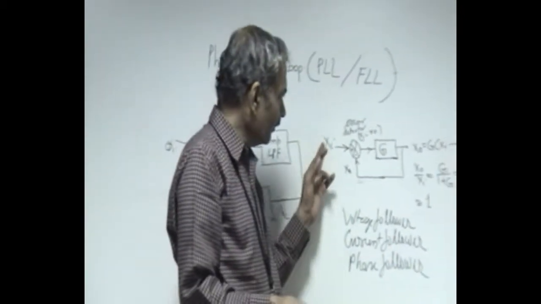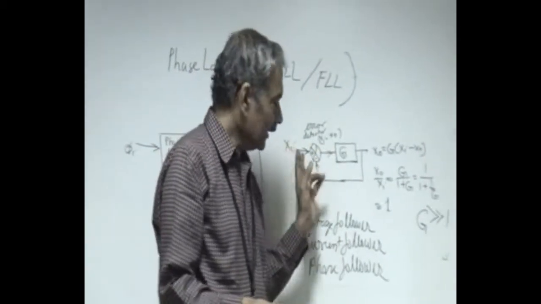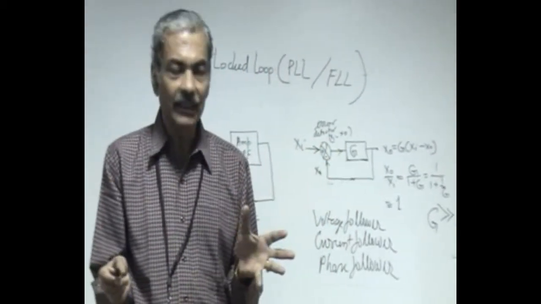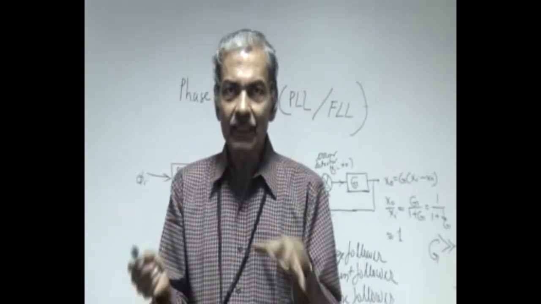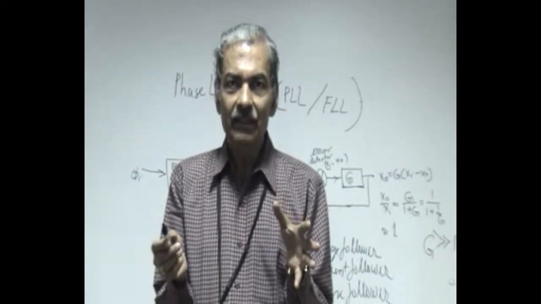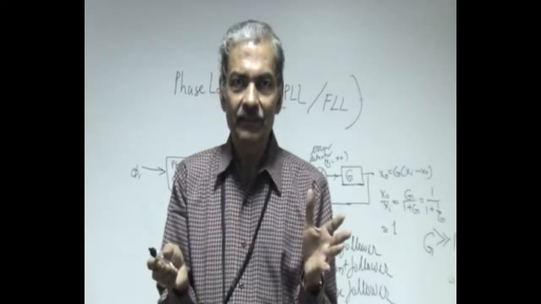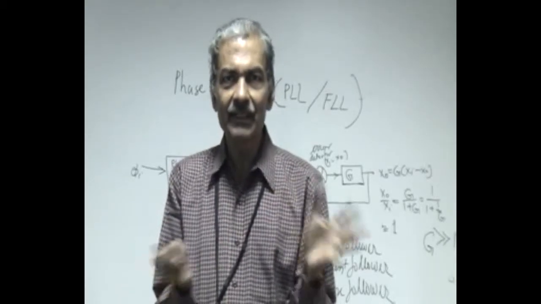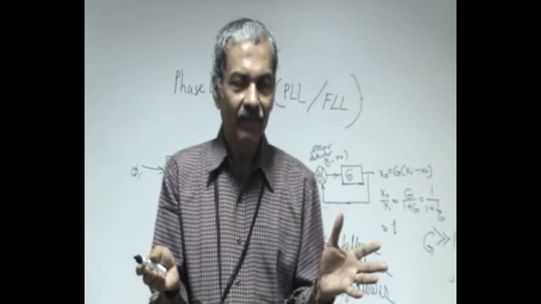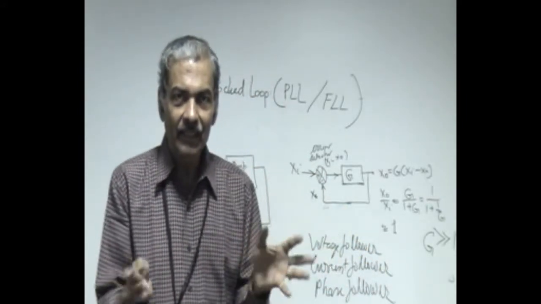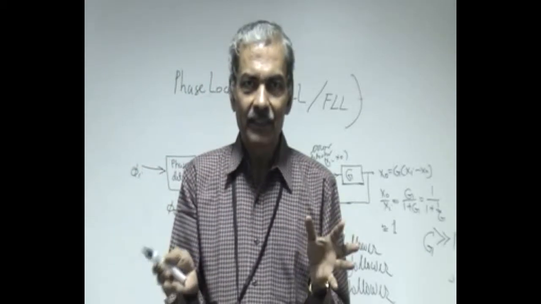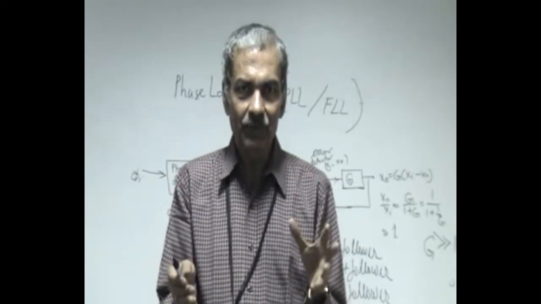Next, we can have omega I, frequency, as xi, and x0 as frequency. Actually, the phase detector measures only the total phase difference. Phase and frequency are linearly related, and therefore the error detector won't know if frequencies or phases are coming at the input.